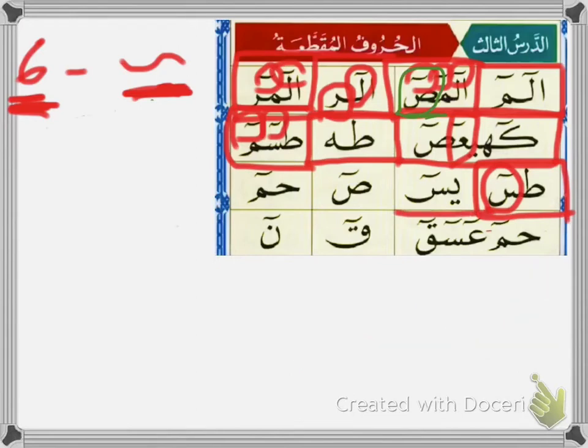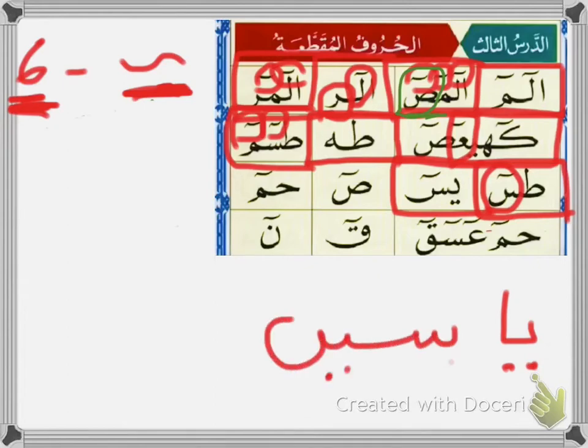The next one, this one, has the letter ya. This is how we write the name of the letter ya. And then we have the letter sin again, the name of it. This is how we write that. And we have this sign that means it's 6, and this is 2. So how do we read that? We say Yasin.